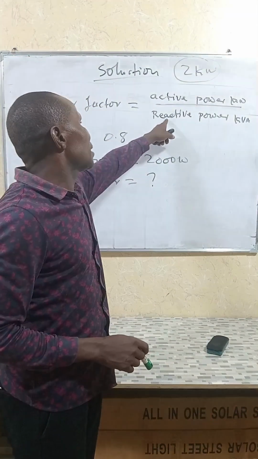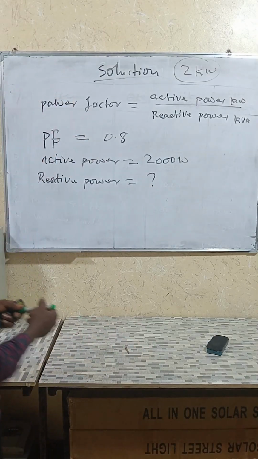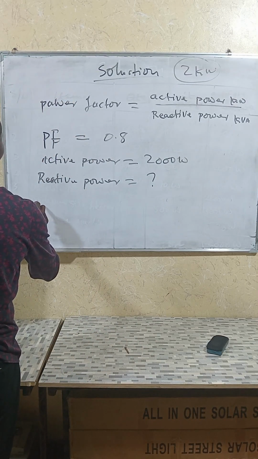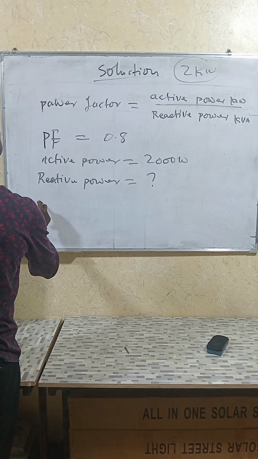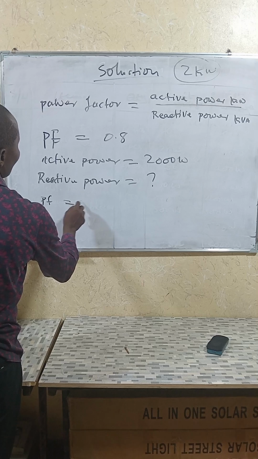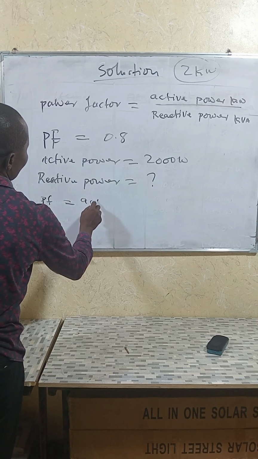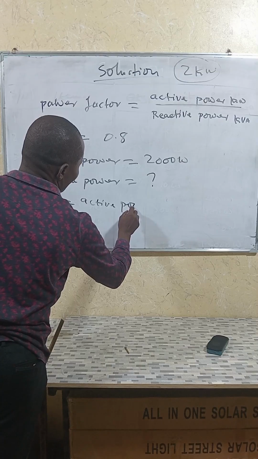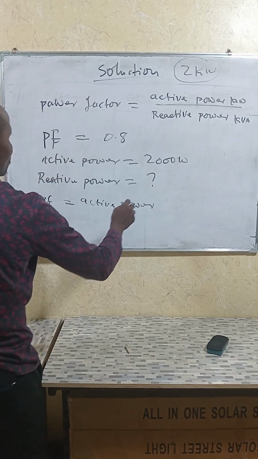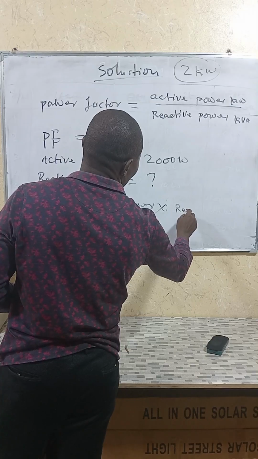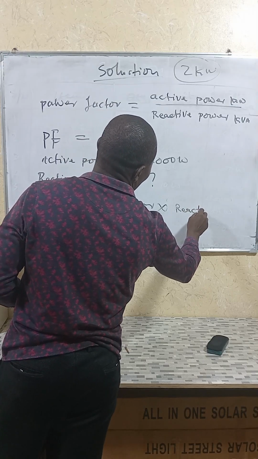That means you have to make the reactive power the subject of the formula. You have power factor is equal to active power over reactive power.